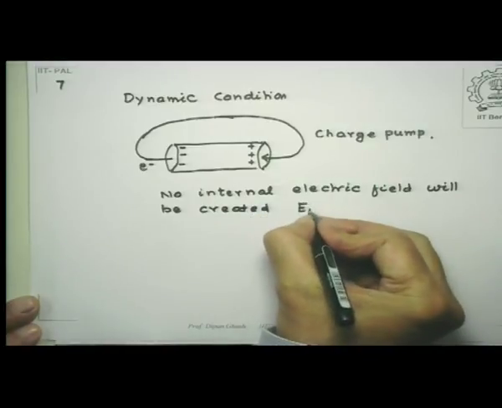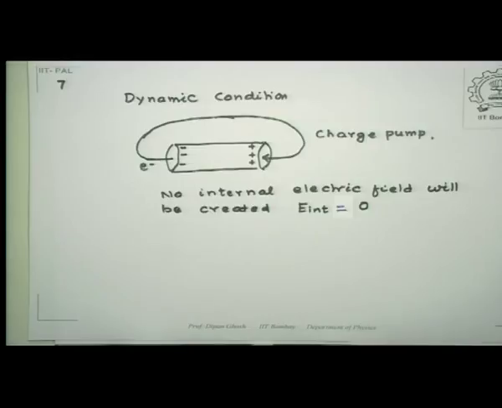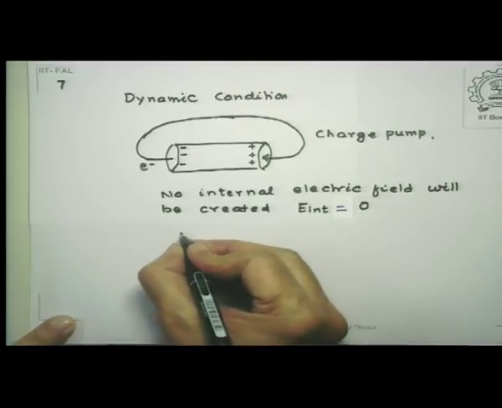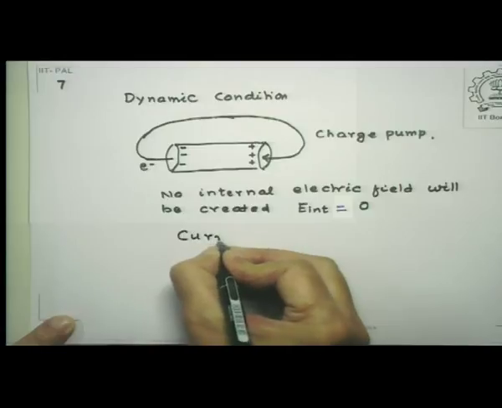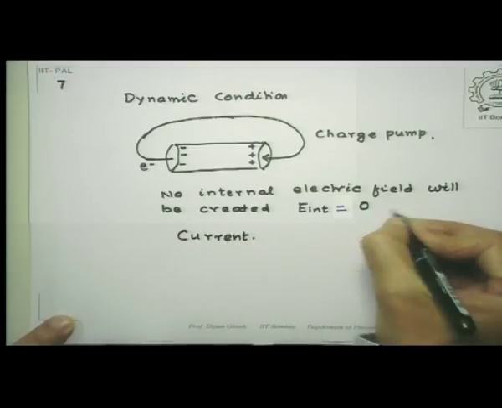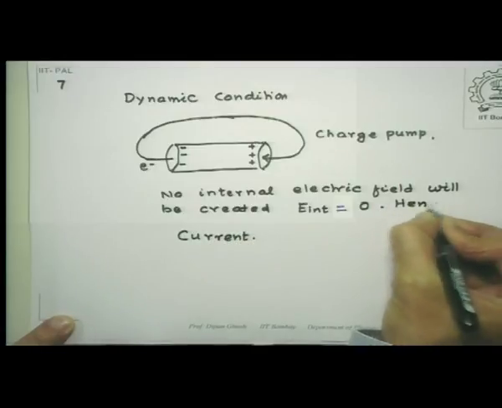E internal equal to 0 for a conductor, which would mean that current would flow regularly, and this is the way charges would flow. So this is the way the current appears. So hence charges will flow.